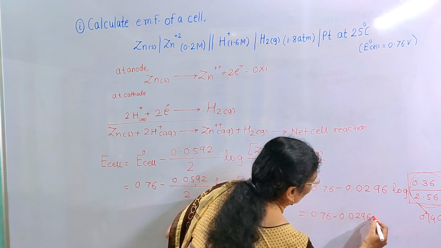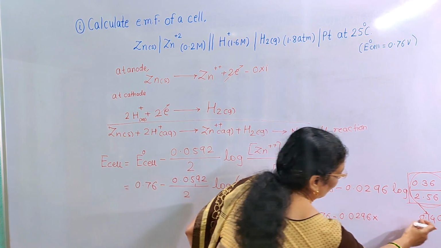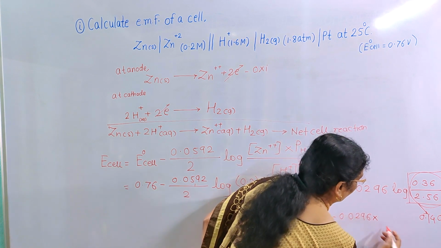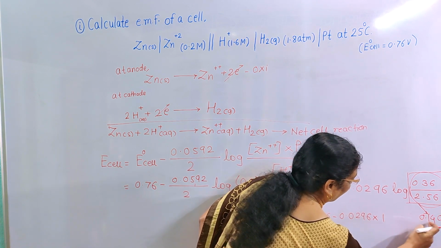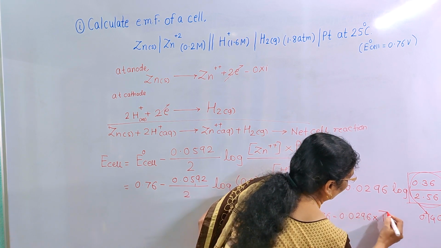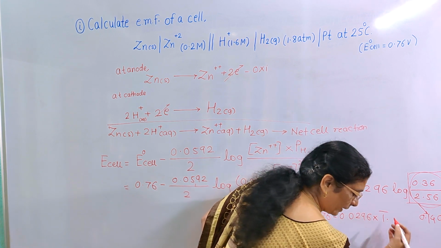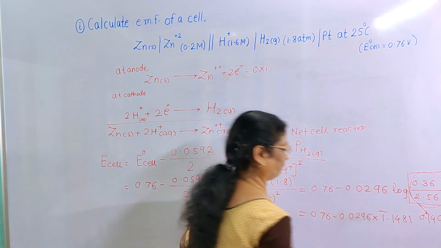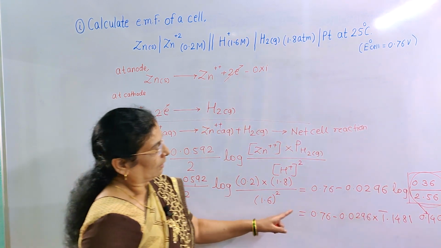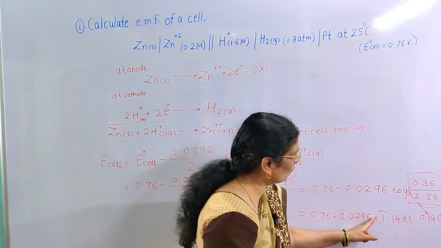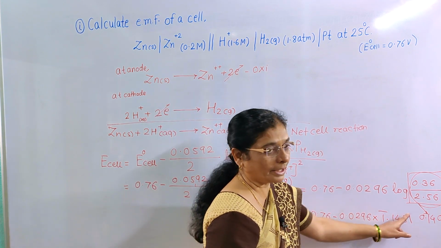0.0296 into log of 0.1406. When you take the log, first we have to determine the characteristic. What is the characteristic of this number? It will be bar 1, and the log is 1481. So here 0.0296 into bar 1.1481.